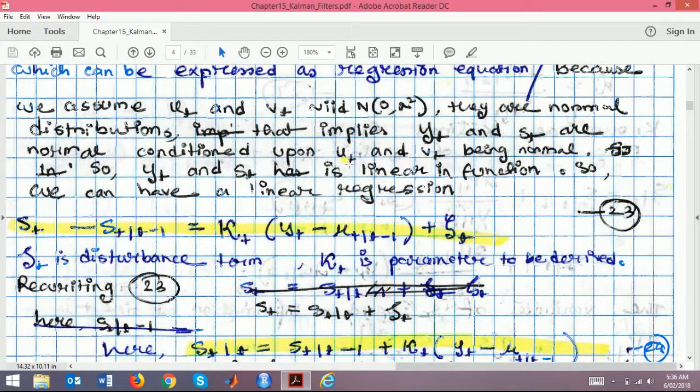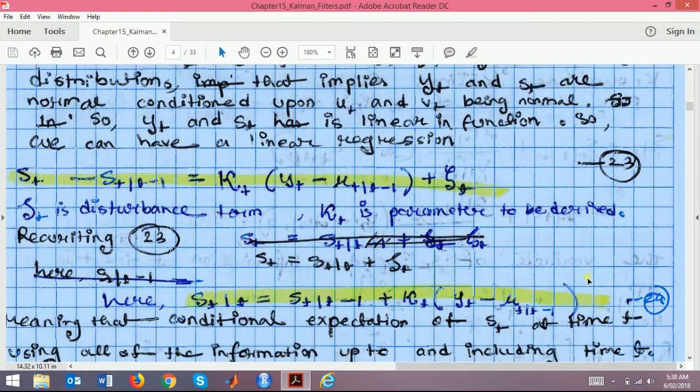Interesting. The linear regression is S1 minus S10 equals κ(Yt minus μ10) plus, I think, ζt at the end. So what do we have here? S1 minus S10 equals κ times the one step ahead prediction error, which is Yt minus μ(t|t-1), or μ10, plus ζt. Now ζt is a disturbance term, and κ is the parameter to be derived.